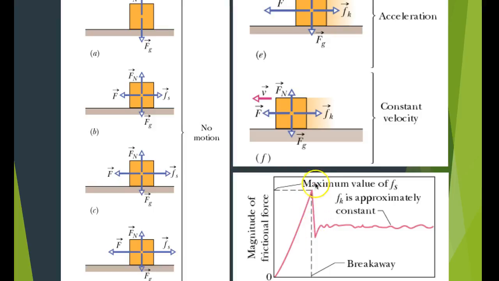Not necessarily a lot less, but it becomes less, and kind of relatively remains constant from there. Okay, and this is pretty standard no matter what surface it is and what the object is. There's this relationship where static friction is stronger than kinetic friction. Okay, and this has to do with the interactions on the surfaces of the objects. Okay, so we'll talk about that real quick.